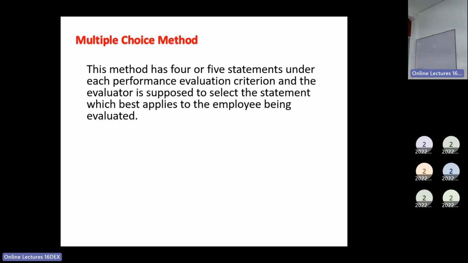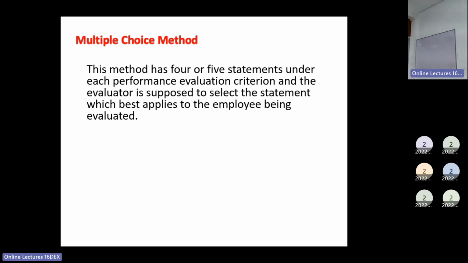For example, one of the statements is that a particular employee gives regular attendance, not even a single no pay leave. Some values will be allocated for that statement. Let's say that we are giving 10 marks, the highest, for perfect attendance. Then another statement: not more than 1 day no pay leave. Employees can get no pay leaves, but not more than 1 day.